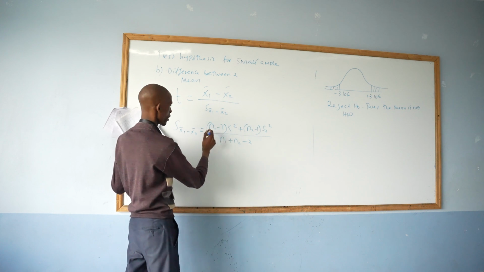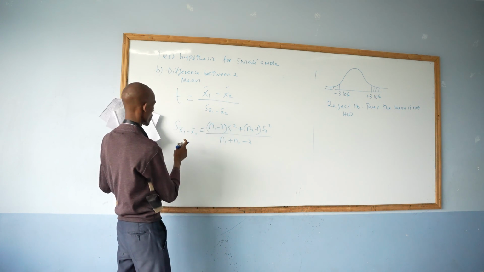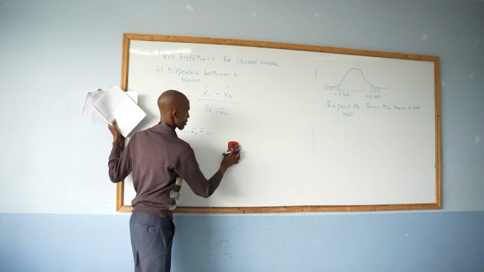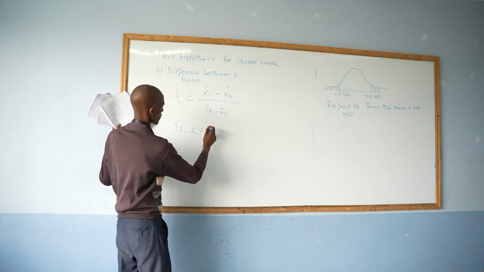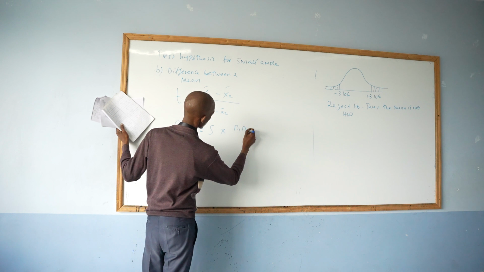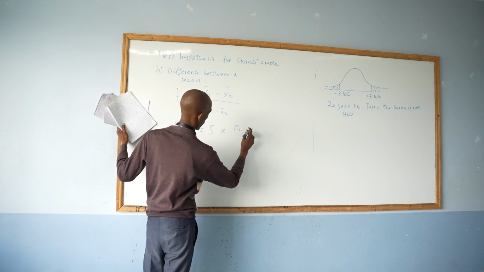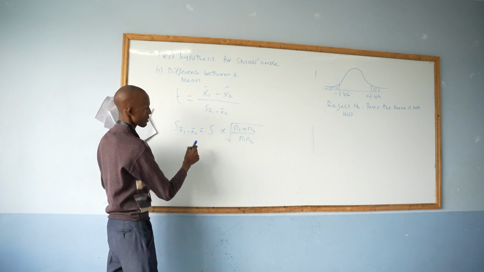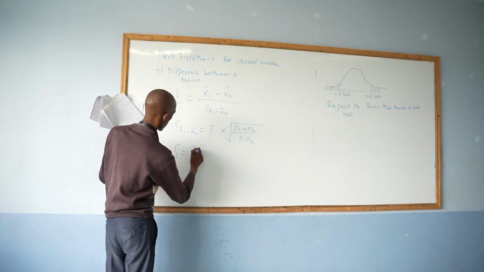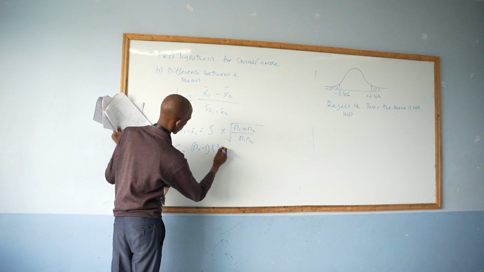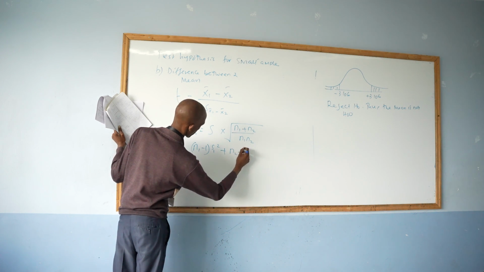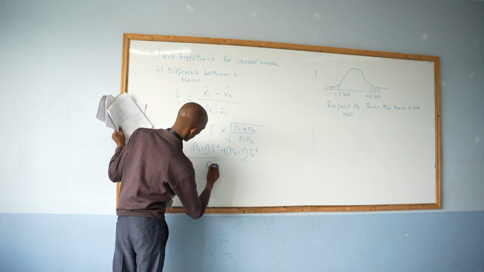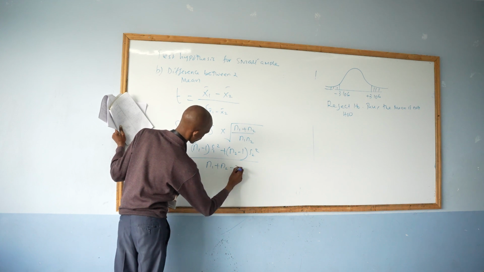This is called the degree of freedom. Before we get to this, we say that the standard error will be given by s times the square root of (n1 plus n2) divided by (n1 times n2). Here s is the combined standard deviation: s squared equals (n1 minus 1)s1 squared plus (n2 minus 1)s2 squared, divided by n1 plus n2 minus 2.